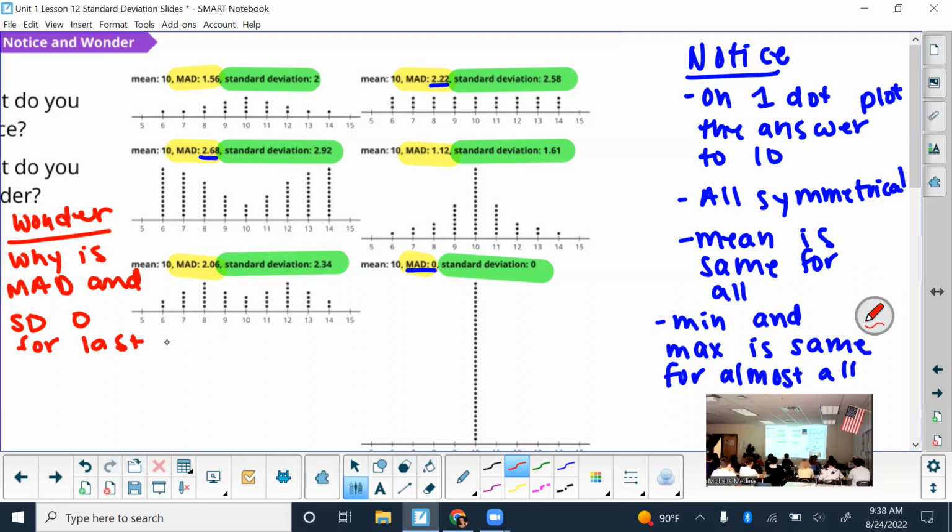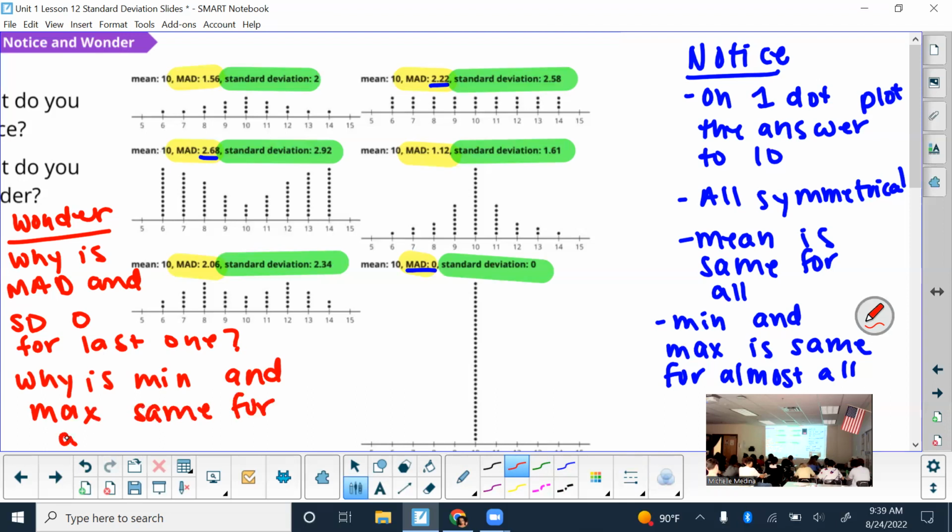Anything else we wonder? All right, wondering could be about anything. Yes, Ryan? Why most of them have the same maximum. So why is the min and max the same? Maybe they're measuring the same things. Who knows? There's no title, so.